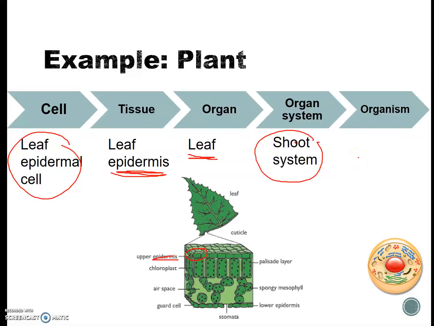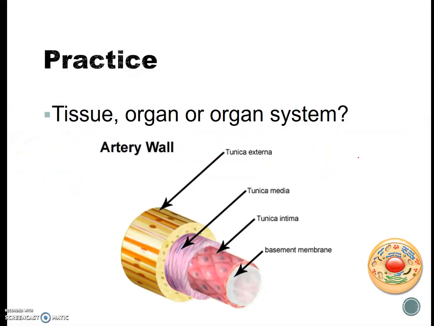Right, so to end off, I just want to ask you a question for practice. This is an artery, a blood vessel. Now, just looking at this diagram, do you think it's a tissue, an organ, or an organ system? Well, if you answered organ, then you are correct. It's an organ because it's made out of different tissues.